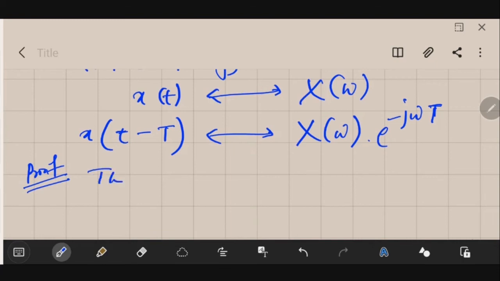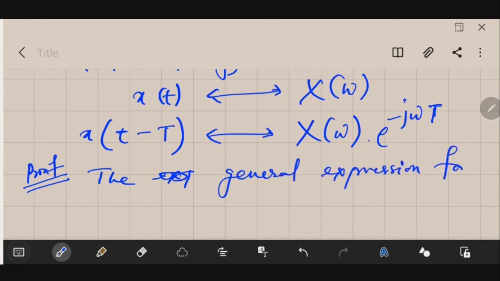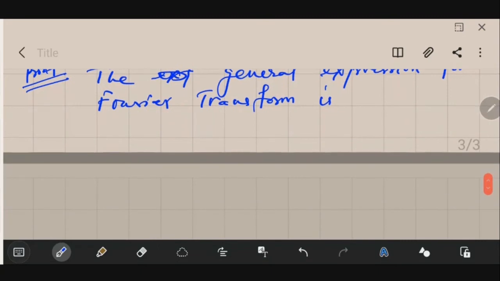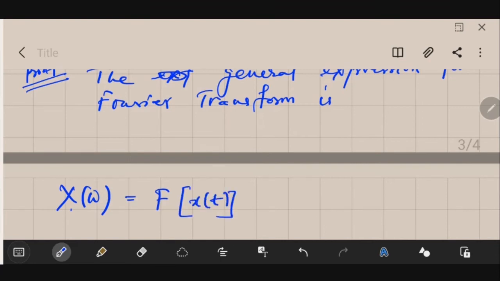The general expression for Fourier transform is: X of omega is equal to nothing but the Fourier transform of x of t, which is equal to, so Saurabh Kumar Singh, are you there? Tell me the formula for Fourier transform, the general expression for Fourier transform.